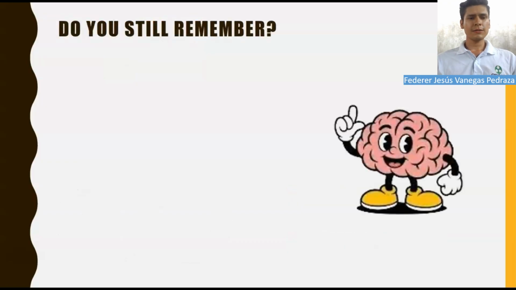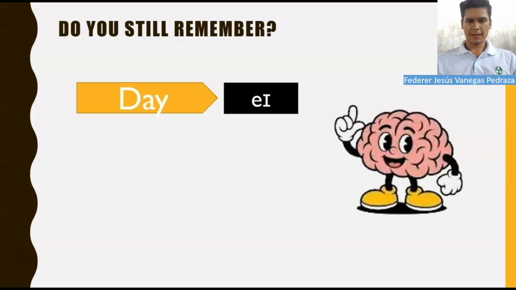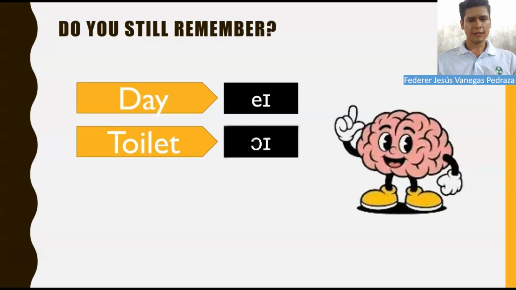Well, here we have some other examples. If you pronounce the word they, you will see that it has the diphthong A. Now we have toilet. It has the diphthong oi.